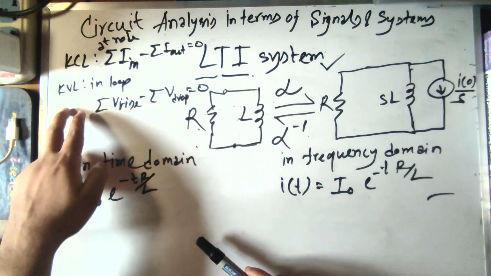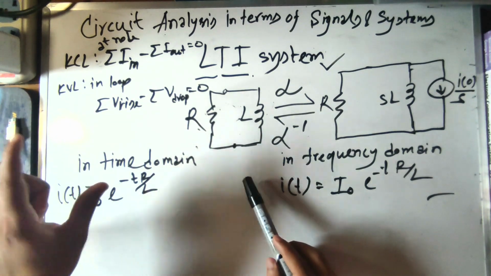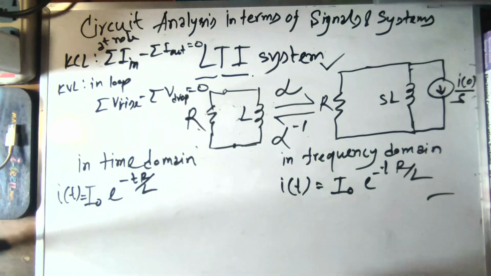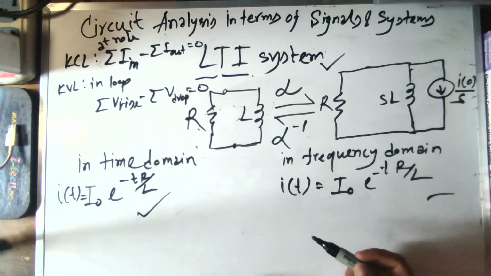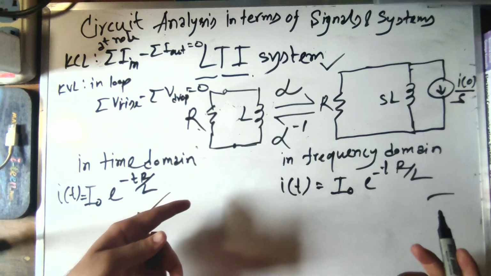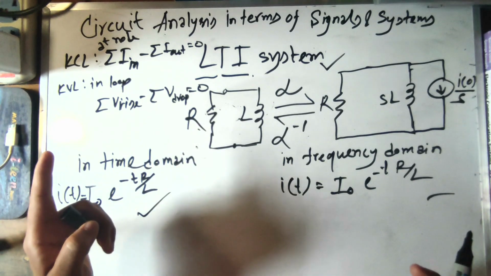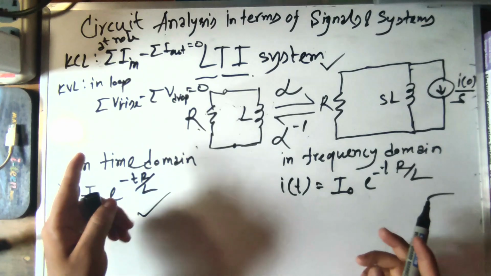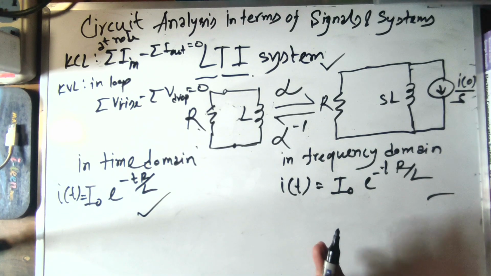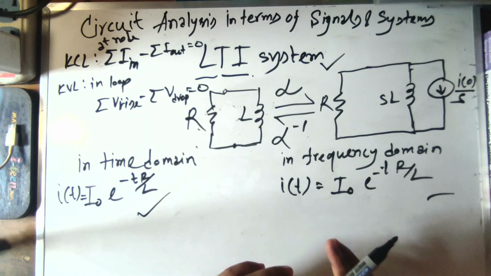By applying KVL and KCL we get, in the time domain, a linear differential equation with constant coefficients, which gives us this answer. And as the system is linear, we can transform it to our liking by Fourier and Laplace transforms. The Laplace transform gives us the complete circuit response, so we can analyze the circuit completely for any time.